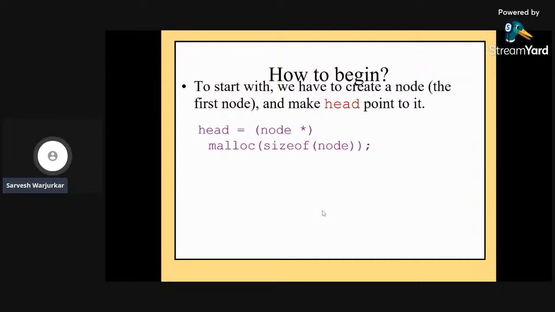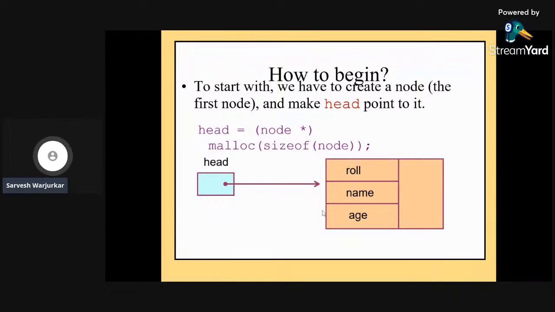To create the node and to make the head point to it, next is malloc, with the size of the node which we have to identify. For example, like this, head has roll number, or we can say roll, then name, and then age. And then the next part comes into play, where next carries the address of the next location.